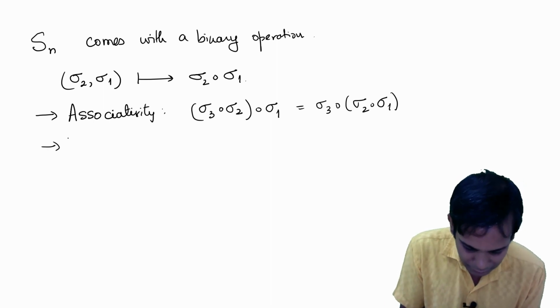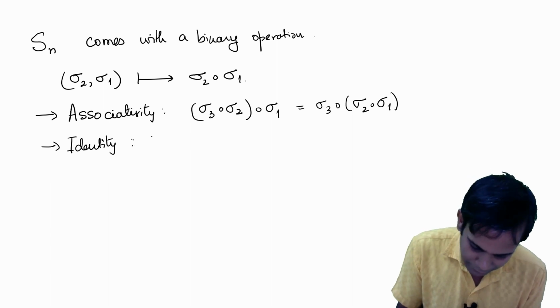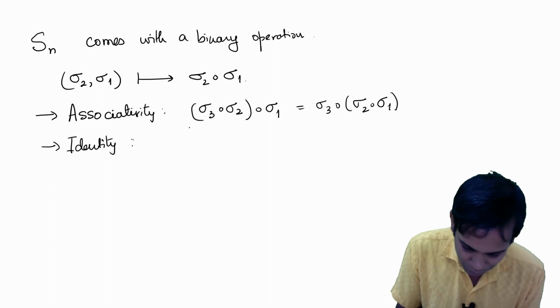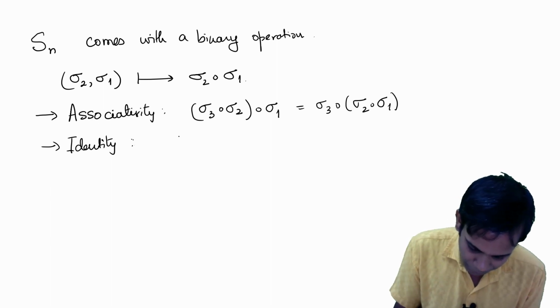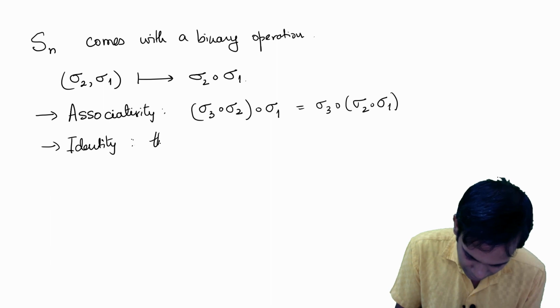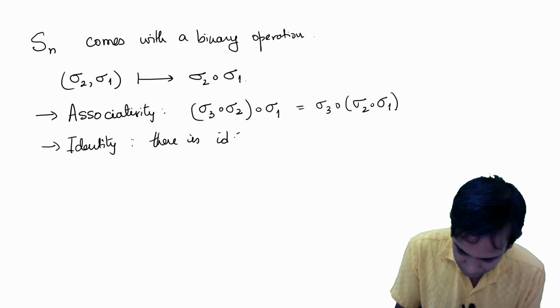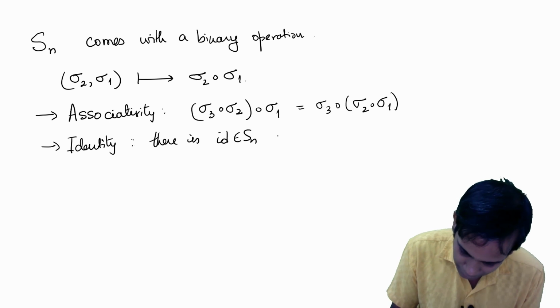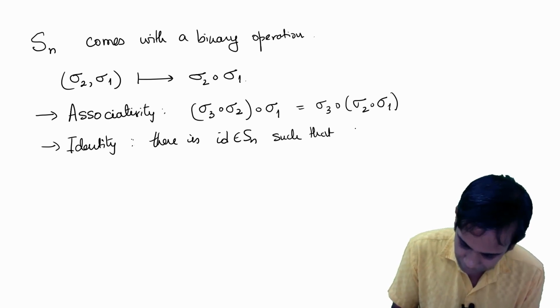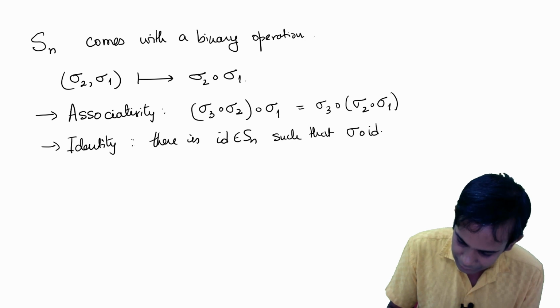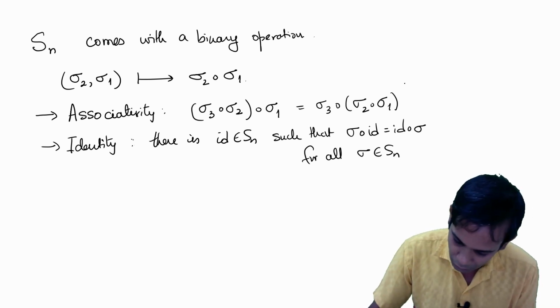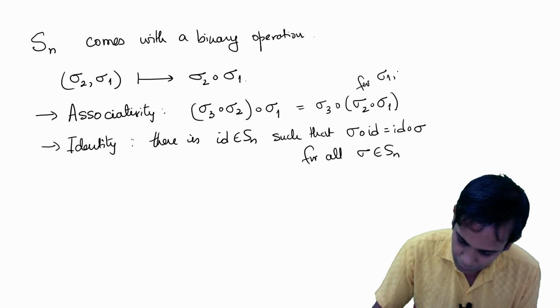Then we have the existence of an identity. So there exists an identity, and we know in this case what it is, which satisfies the property that sigma circle identity equals identity circle sigma for all sigma in Sn. Well, I should have said here for all sigma 1, sigma 2, sigma 3 in Sn.